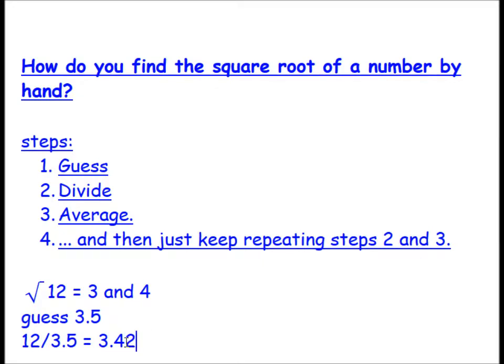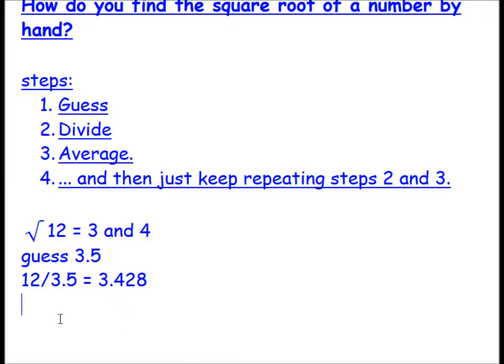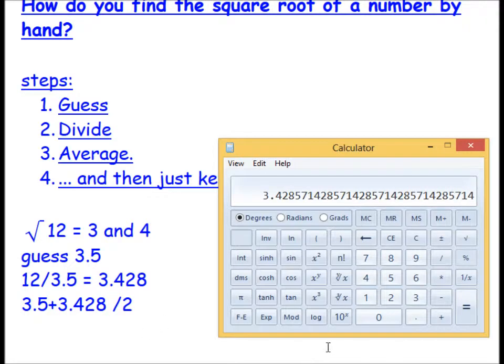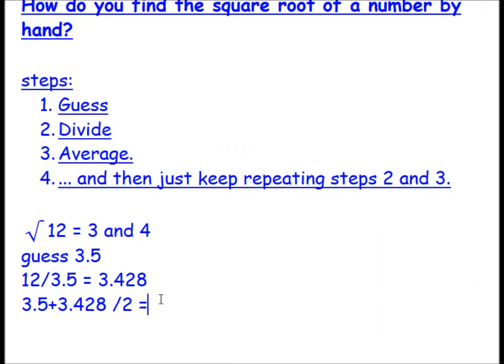Now what we need to do is average this number. Our guessed number plus whatever we get after division, 3.428. We have to average these two to get the answer. So 3.428 plus 3.5 divided by 2 is 3.464.